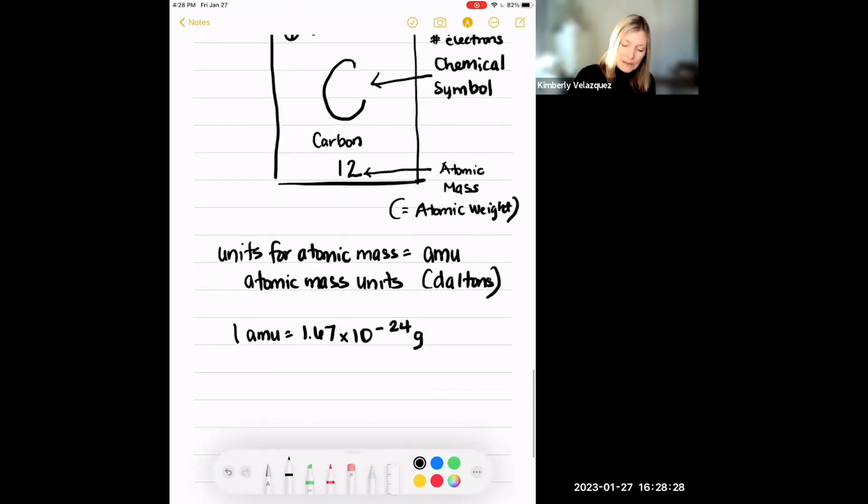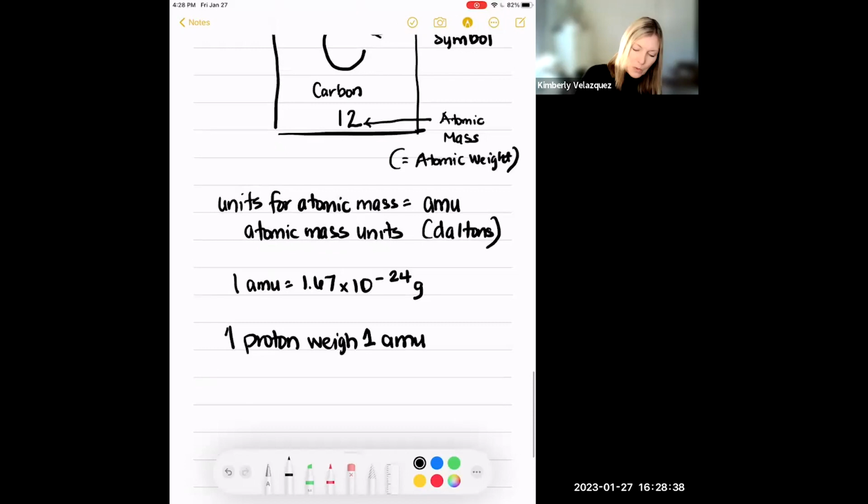It just so happens that one proton weighs one atomic mass unit. I'm going to make my ones a little differently so they don't look like L's. And one neutron weighs one atomic mass unit.